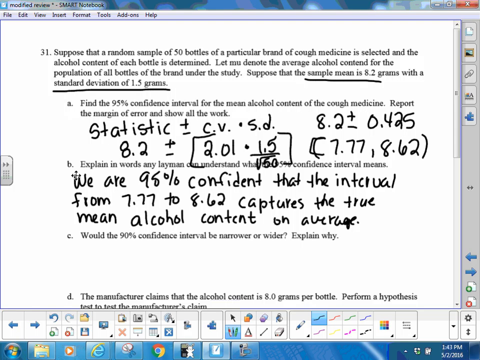So the next question says, what if we went down from 95% to 90% confidence? What would happen to my interval?